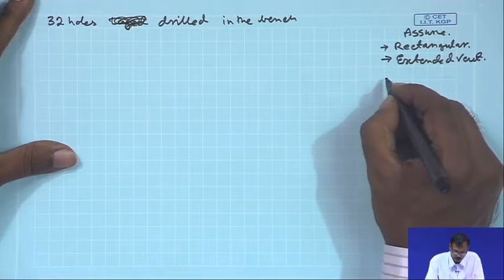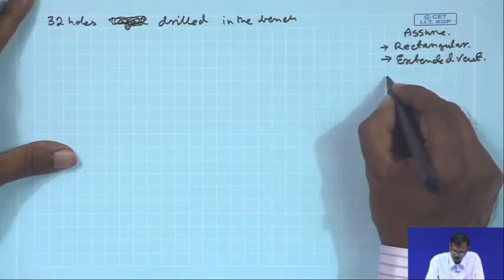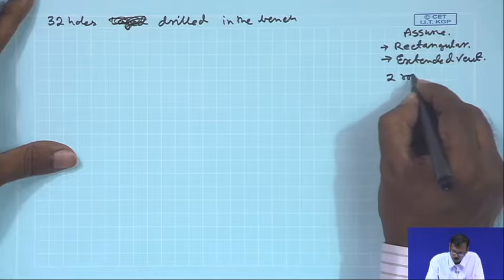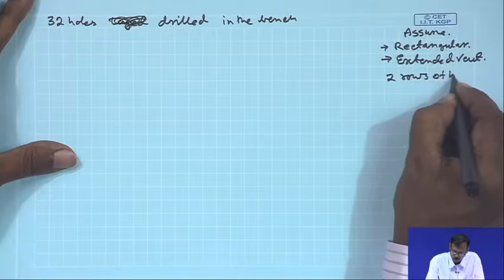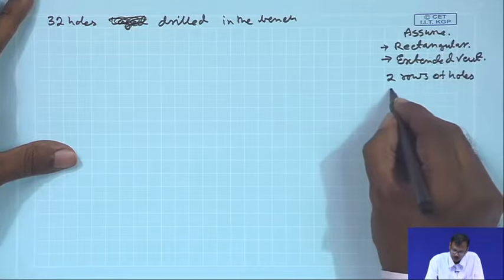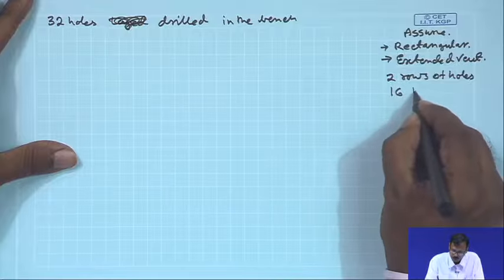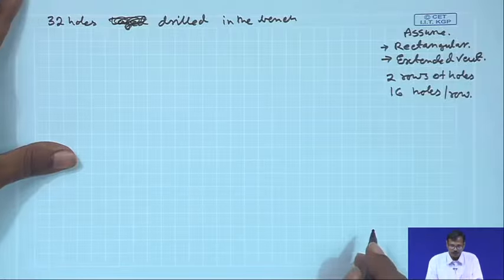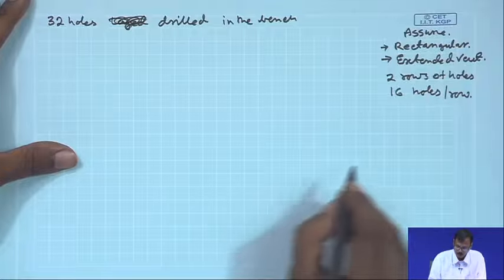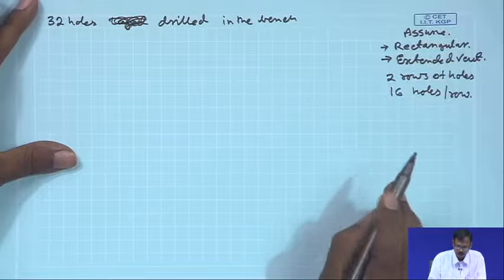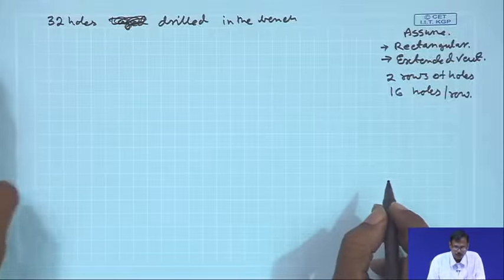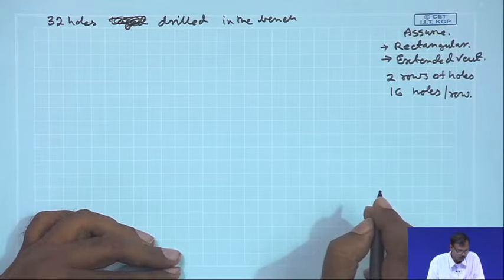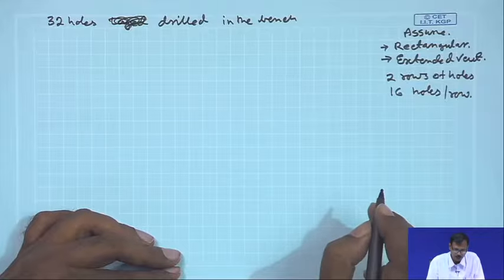We have to assume how these 32 holes will be drilled. Let us consider a drilling of 2 rows of holes, and each row should have 16 holes. Considering this, we have to lay down the holes in the bench, but prior to that we have to determine the quantity of explosive to be placed inside one hole.